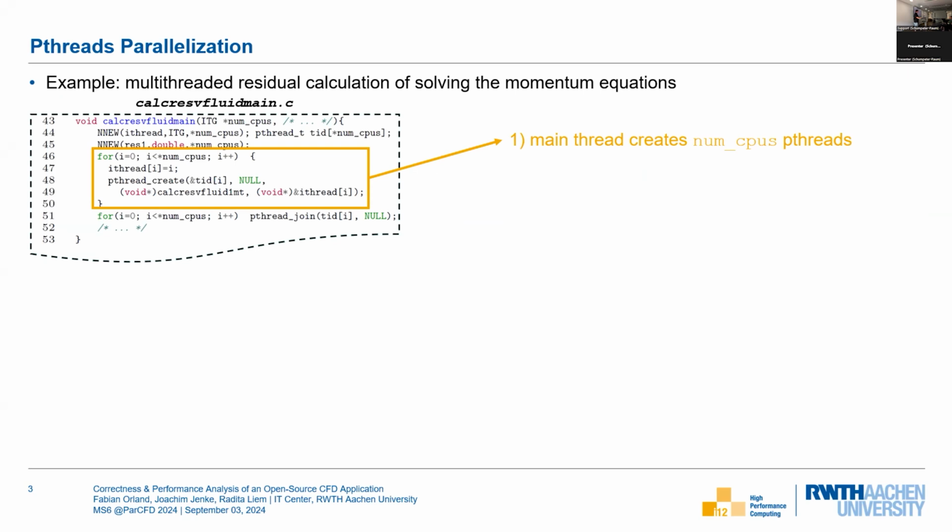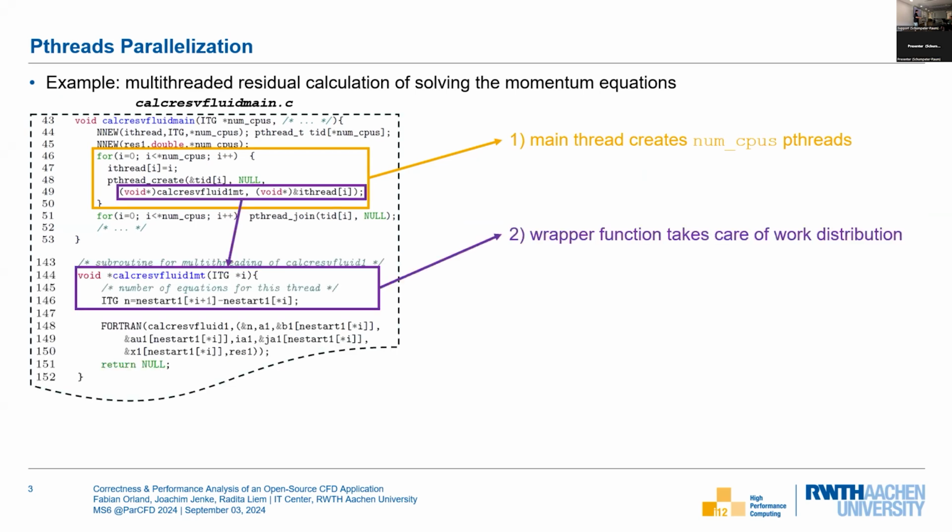A function pointer is passed to this pthread_create call, which is another wrapper function implemented in the same C file, and which takes care of the work distribution. It knows, okay, I have a certain number of equations that need to be solved, and I have this many threads, and then it sets up the correct number of equations for this specific thread.